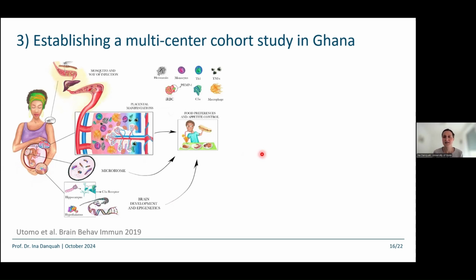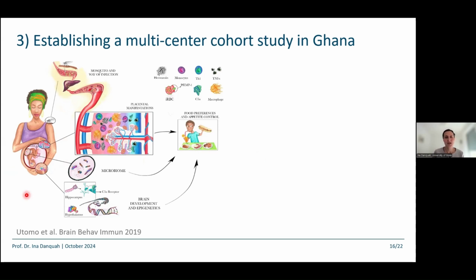It has been very well established that women who are exposed to famine during pregnancy or just before conception, that their children have a higher risk of developing these NCDs later in life. But it's up to now unclear which role malaria or other infectious diseases can play in this kind of question.